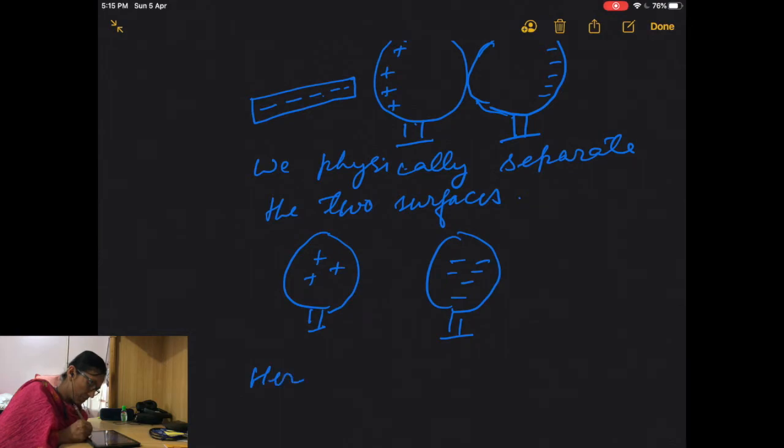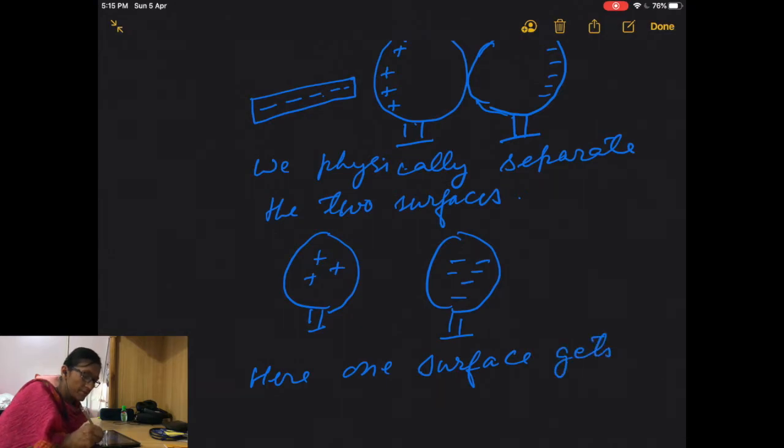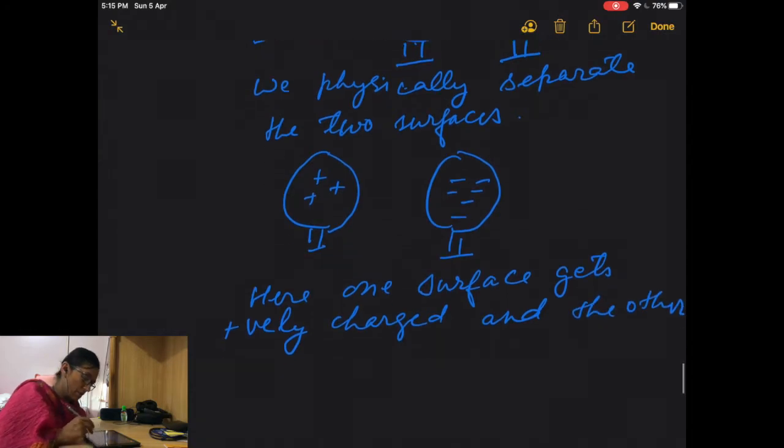Here, one surface gets positively charged and the other negatively charged.